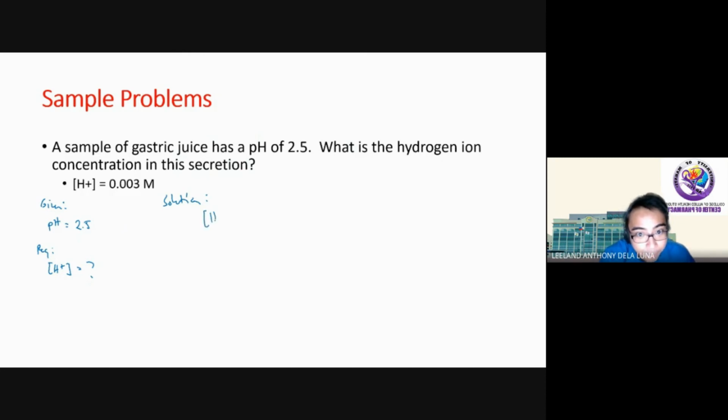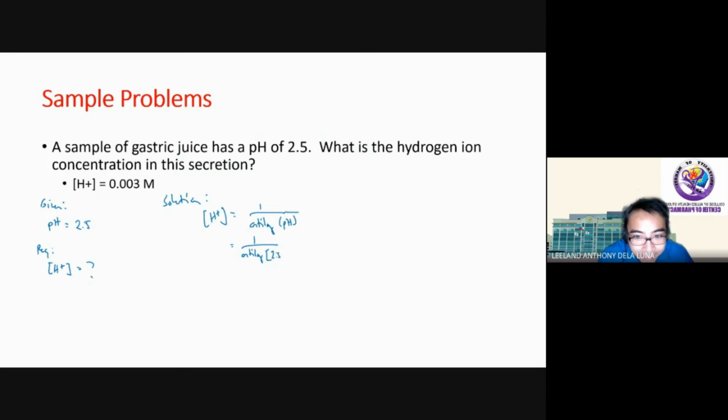H is equal to 1 divided by antilog pH. That's just simply, actually, tinranspose ko na lahat ng pwedeng i-transpose na formula para sa inyo. Para sasalpak nyo na lang yung mga data natin. Right?